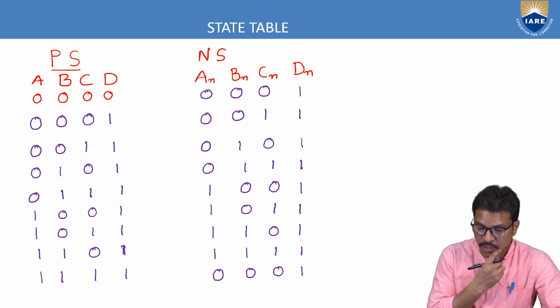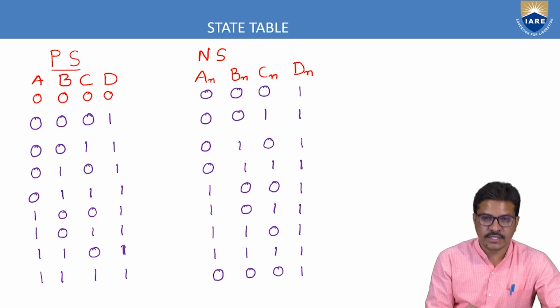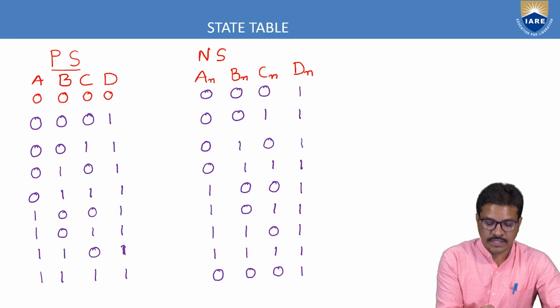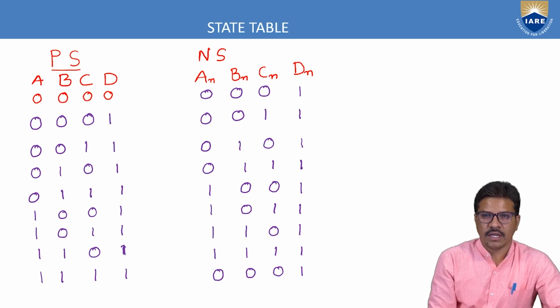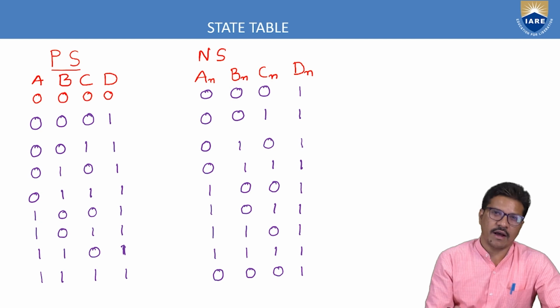So what if the number is other than this? For example, it is a 4 variable, if we are assigning A, B, C, D with 4 numbers, then what about if the present state is other than odd numbers?